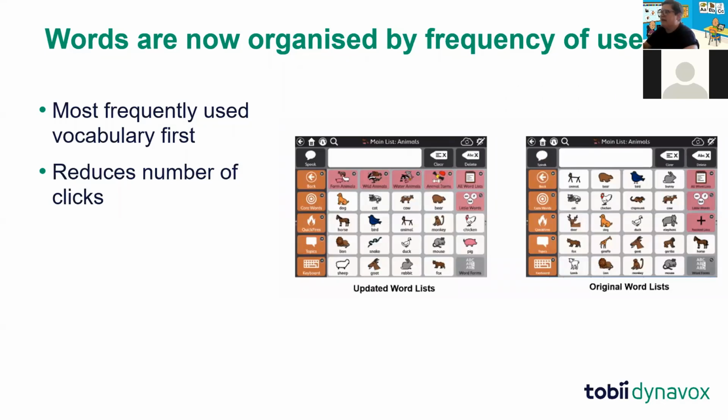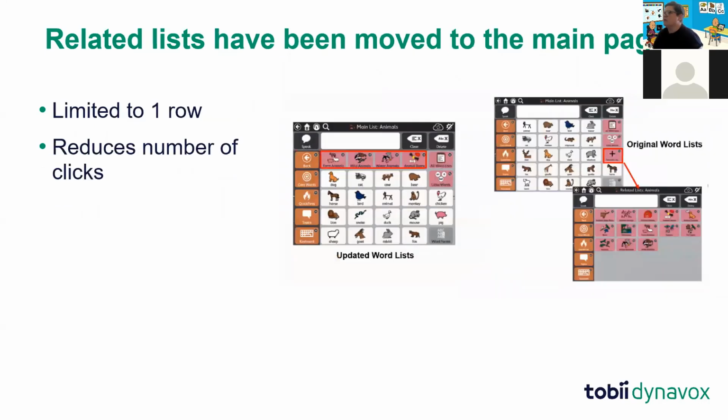But the key thing here is making sure that the frequency in which that vocabulary is placed actually matches that person's need. So if we've got it right, then it's going to mean that the words they're going to use more frequently are going to be much easier to access. So that's looking at the organisation, why we've changed that, and how we've changed it.